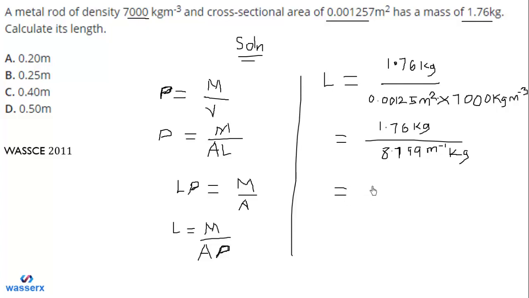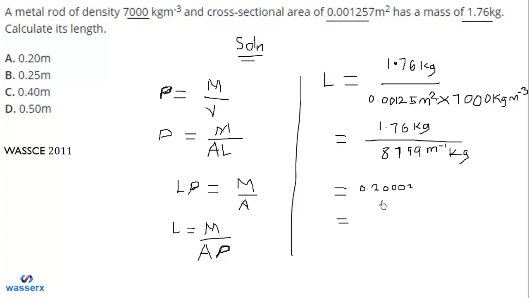When we divide 1.76 by 8.799, we get 0.2002.